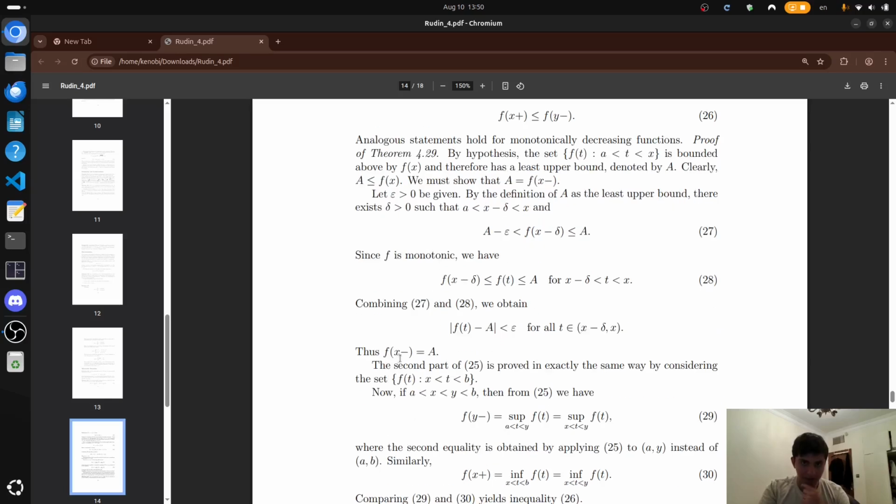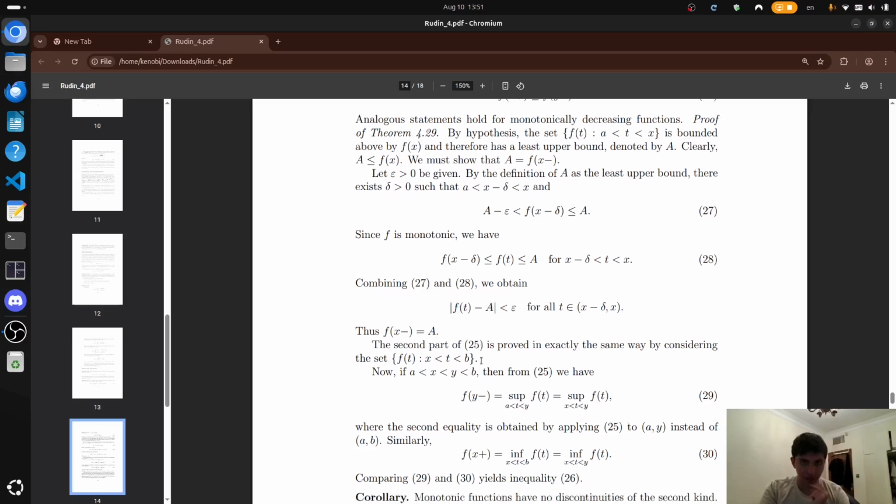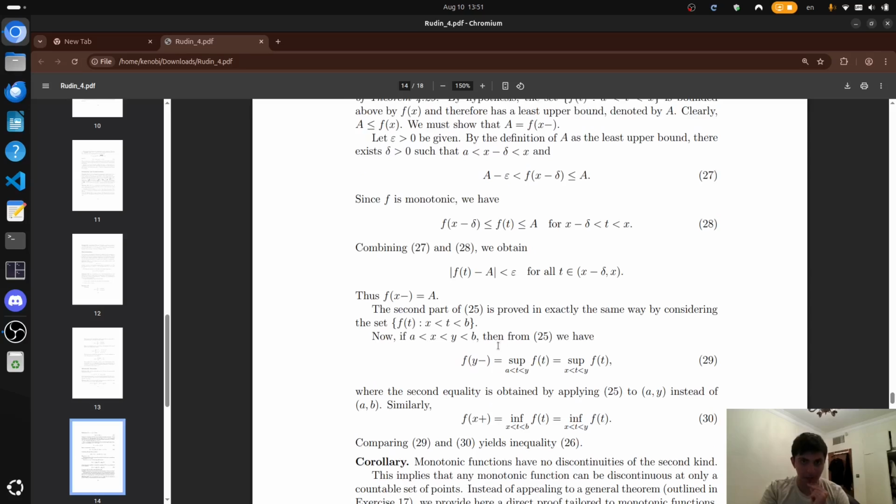Thus f(x-) equals A, because that's the definition of when we're approaching from the left. The second part of the theorem is proved in exactly the same way by considering the set of f(t), x less than t less than b.